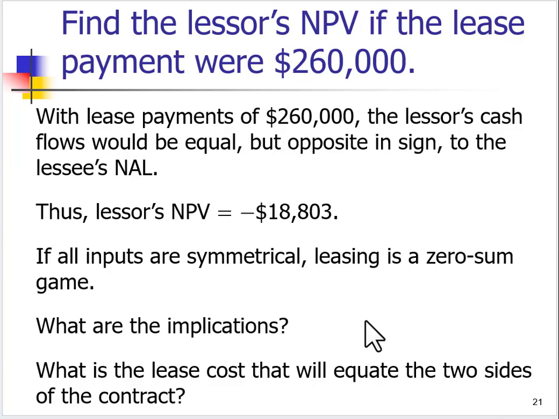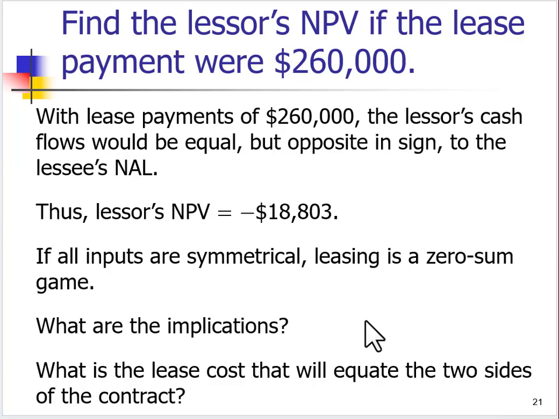Somebody's going to have, in this case, a positive 18,000. The other person is going to have a negative 18,000, right? So what the lease cost essentially says is, in the world of building assets, the net increase to the economy is zero. Somebody wins something, somebody loses something.